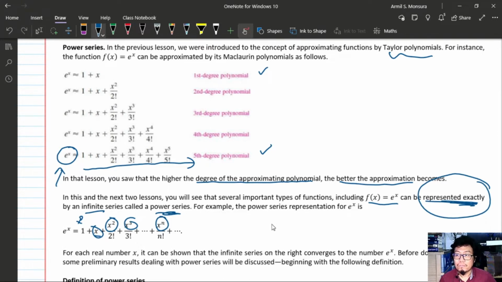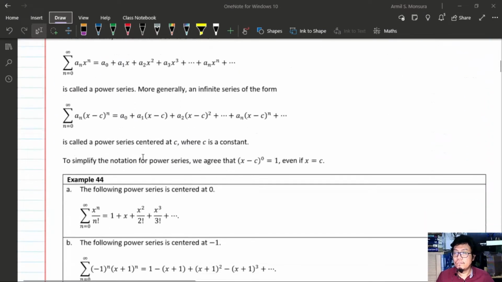And again, this exact representation can only be achieved by adding an infinite number of terms. If we add an infinite number of terms, we will be able to get an exact representation of your function. We can make it converge to, or sum up to, that function.